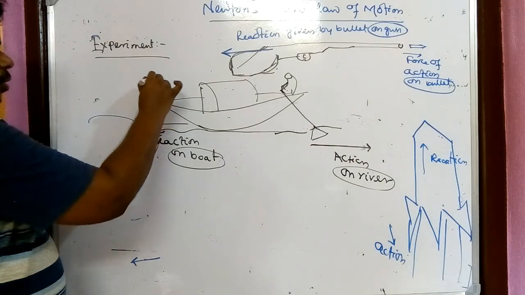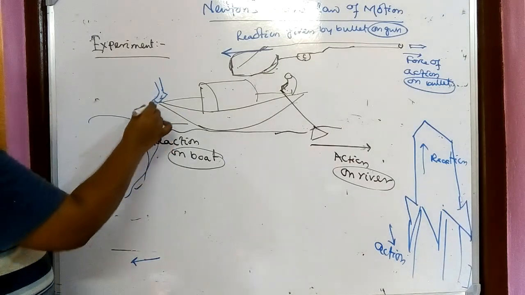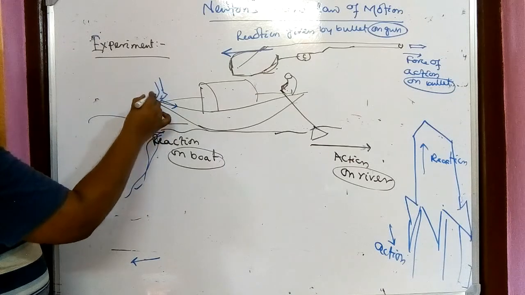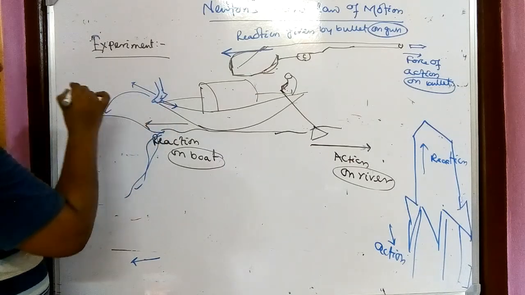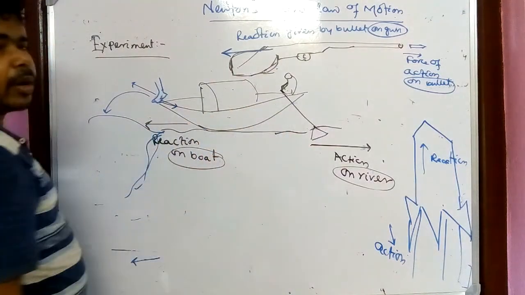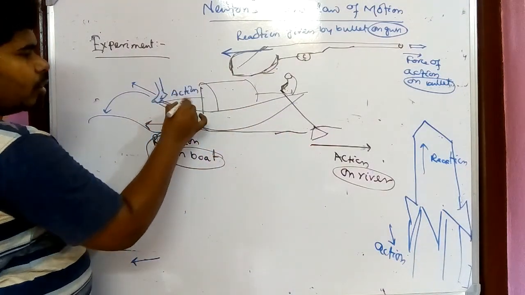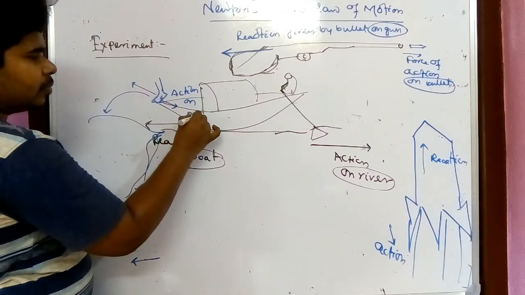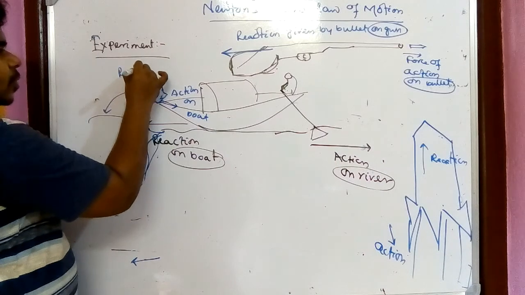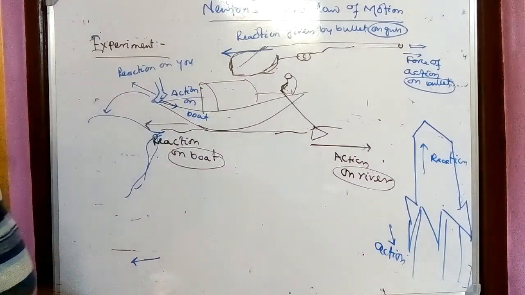Assume you have reached the shore and you want to jump from the boat, then what you do is apply force on the boat, and by that you get a reaction by which you jump onto the shore, and the boat moves a little backward because you are giving an action on the boat, and the reaction on you is why you come outside.